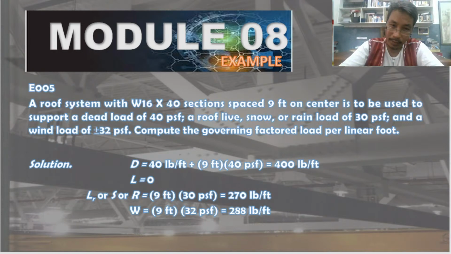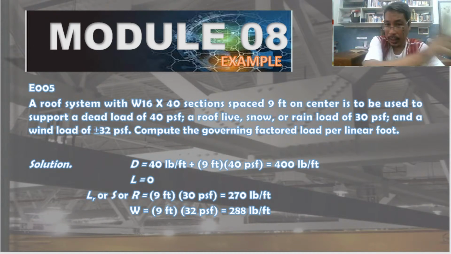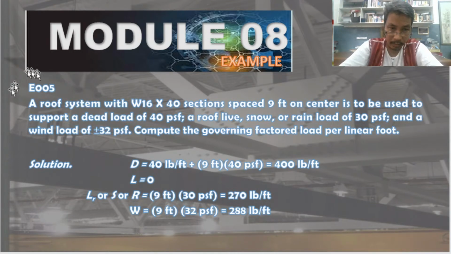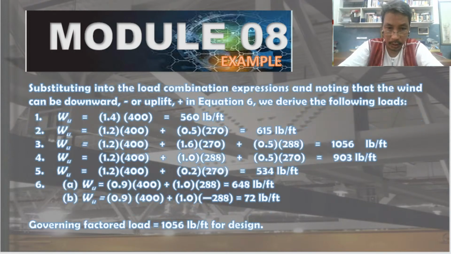Take note of that, because we will use that value in two ways. We will use it in plus, we will use it in minus, because there is a possibility for the wind to go right here and to go in the opposite direction. So going in the opposite direction, that is plus or minus. So let us proceed to the 7 equations.